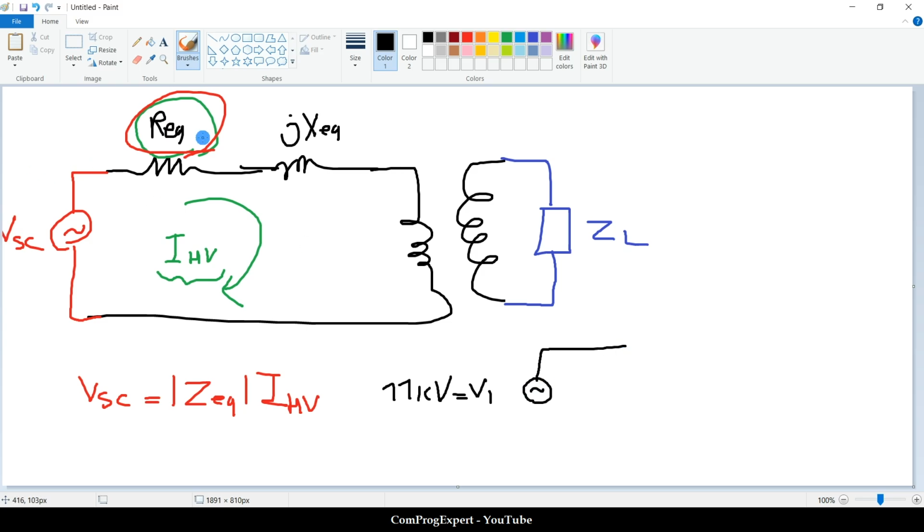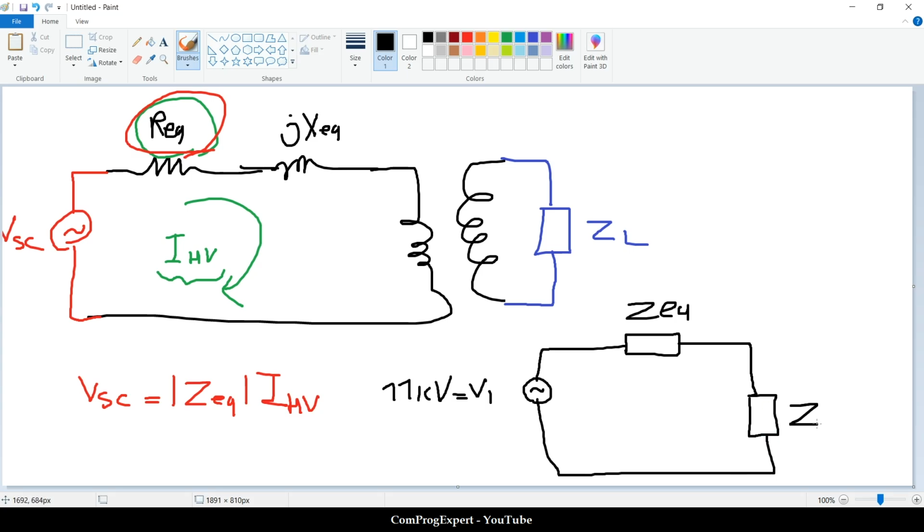This is the internal impedance of the transformer Z equivalent, and this is the referred load impedance ZL prime. You know that ZL prime is A2 times ZL. Yes, so we can solve this circuit and find the load voltage and calculate the voltage regulation.